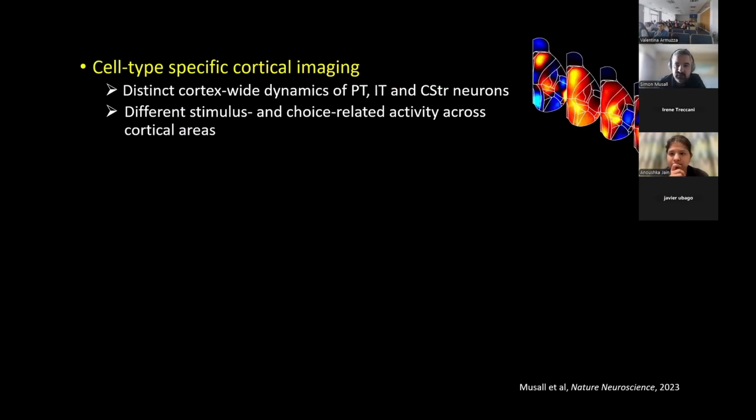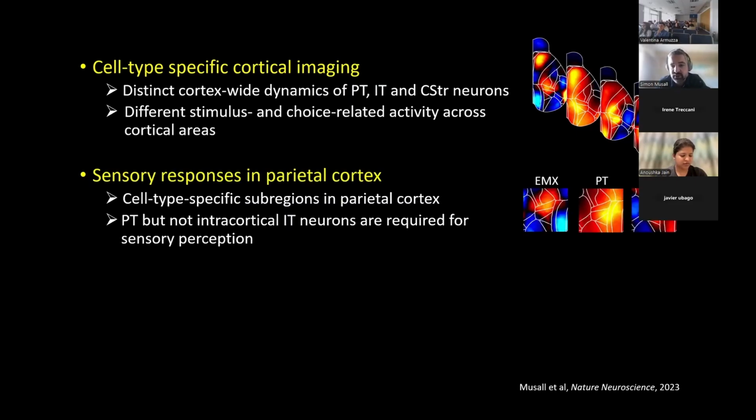Okay, so this is a short summary of this part of our work. So I showed you some of the cell type specific cortical imaging and that you can see very different types of cortical coding depending on whether we look at PT, IT. Oh yeah, and there's corticostriatal neurons, but I took that out of the talk for time reasons. And depending on the kind of analyses that you do, you can look at different features such as stimulus and choice-related activity, and we can analyze them across all these cortical regions.